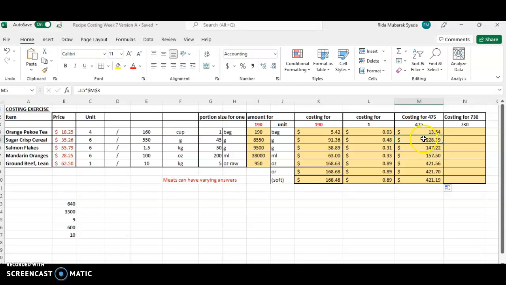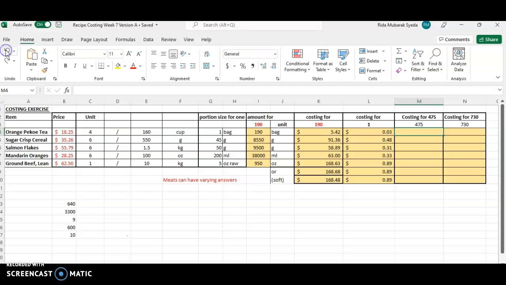So let's see, 0.48 times 475 is equal to 22. It's giving me exactly 228. I don't have any cents or anything over here. So what I'm supposed to do is let's deselect that.